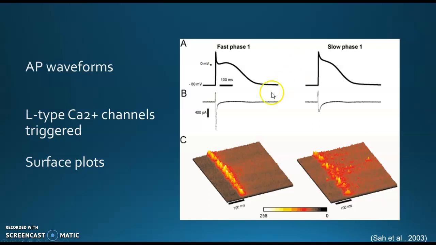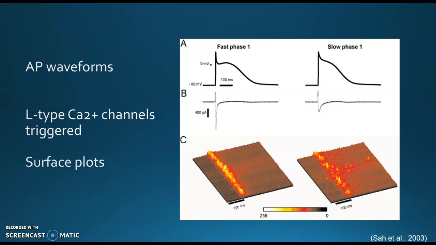And what we see is that the L-type calcium channels that are triggered and allow for calcium to be released in the cell to allow for that excitation contraction coupling to be activated and function properly, we see this nice quick trigger of those calcium channels to release calcium, whereas when we do not have that initial phase, we don't get that quick release of calcium as we should.